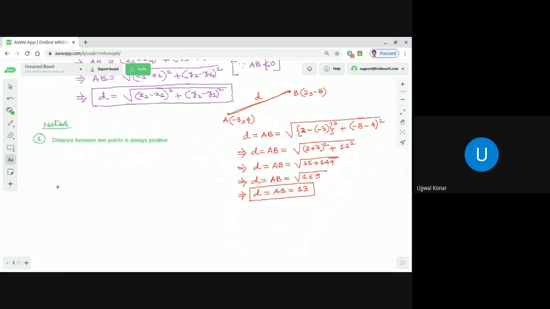And the second point, what I'm going to say, dear student, is that the distance of a point xy from the origin is equal to square root of x square plus y square. Let us understand.